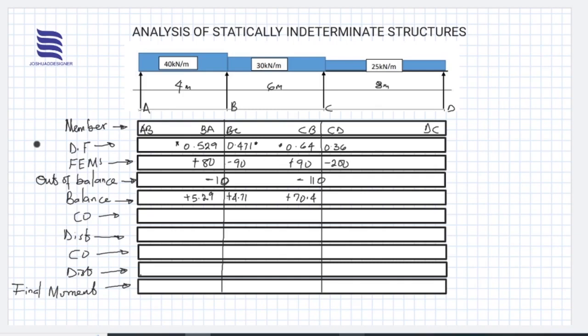Then this also multiplying minus 110 multiplied by 0.36, you have plus 39.6. Right, simple.